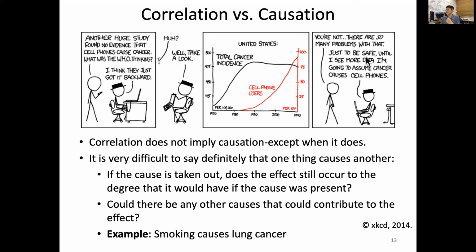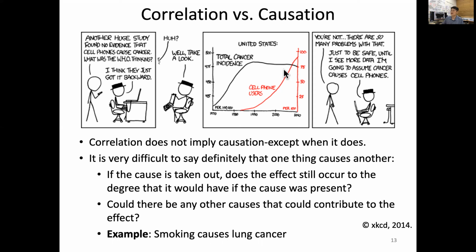So just to be safe, until we see more data, maybe cancer causes phone user increase. This is very similar to our history of data on smoking and lung cancer. For example, this is smoking, and we saw a decade or several decades later lung cancer increase, which is very correlative, but it gives some clear clue that the increase of smoking may accumulate in the body to cause a lung cancer increase.